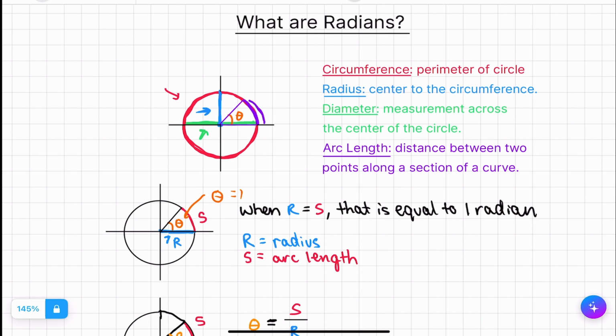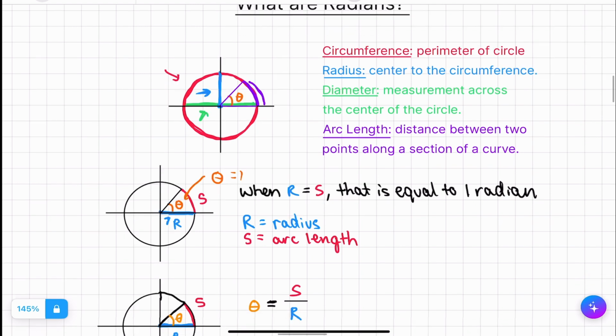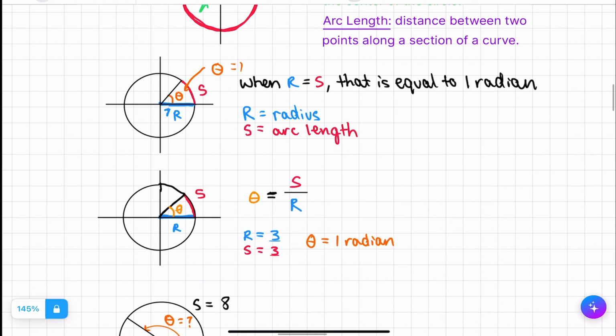So now that we know these things, we can define or understand what a radian is. When the radius of a circle is equal to the arc length, that equals 1 radian. And we can put those words into an equation. The arc length divided by the radius will equal radians.